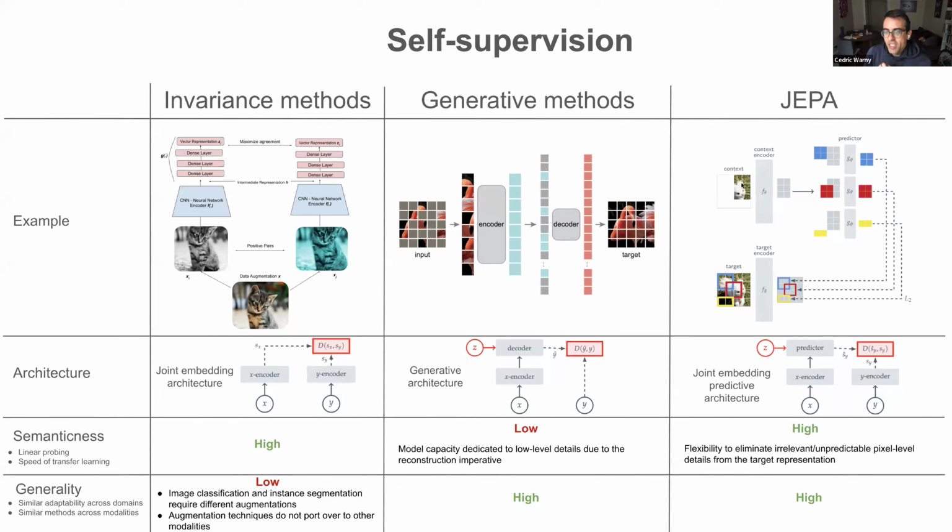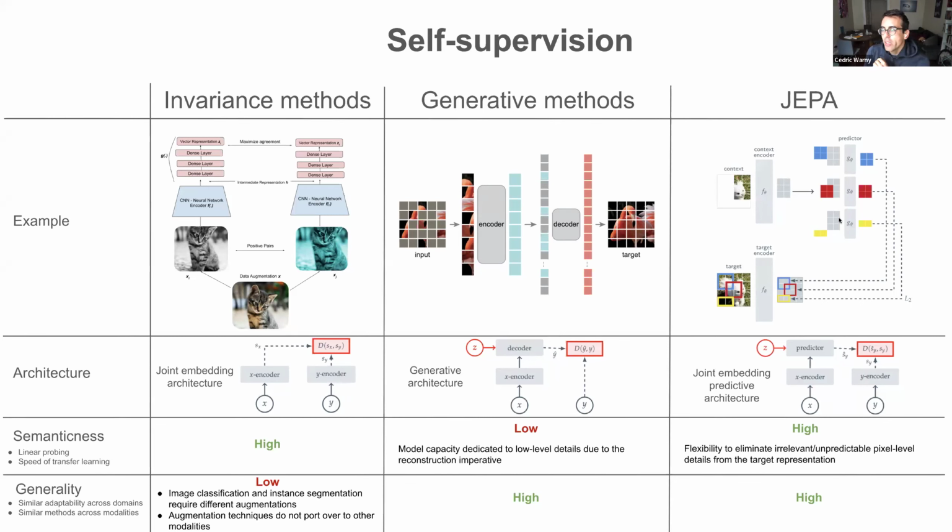So let me try to go through this diagram real quick. Here you have the image of a little dog, I think. And you also have an X and a Y that are related to each other. Here the X would be part of the image, and the Y would be a few other parts of the image. So you encode, transitioning into the representational or embedding space.